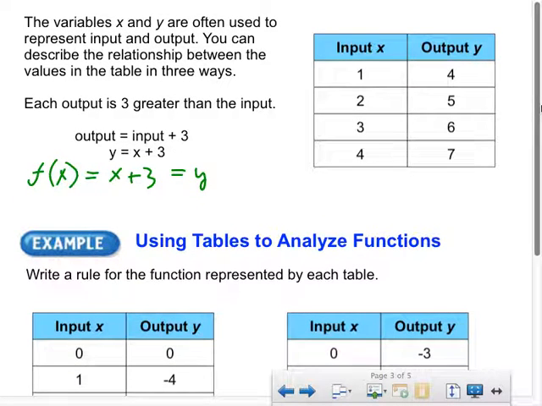So if we take a look, I'm going to rewrite this. So here's my function, and if we look at my table, I'm going to choose the first one. Actually, let me go ahead and choose my function at 2. So instead of x, I'm going to put 2 here, and then I'm going to replace my x's with 2, 2 plus 3. And then what is 2 plus 3? It's 5. So do you see how I just wrote this? Do you guys understand? Okay.